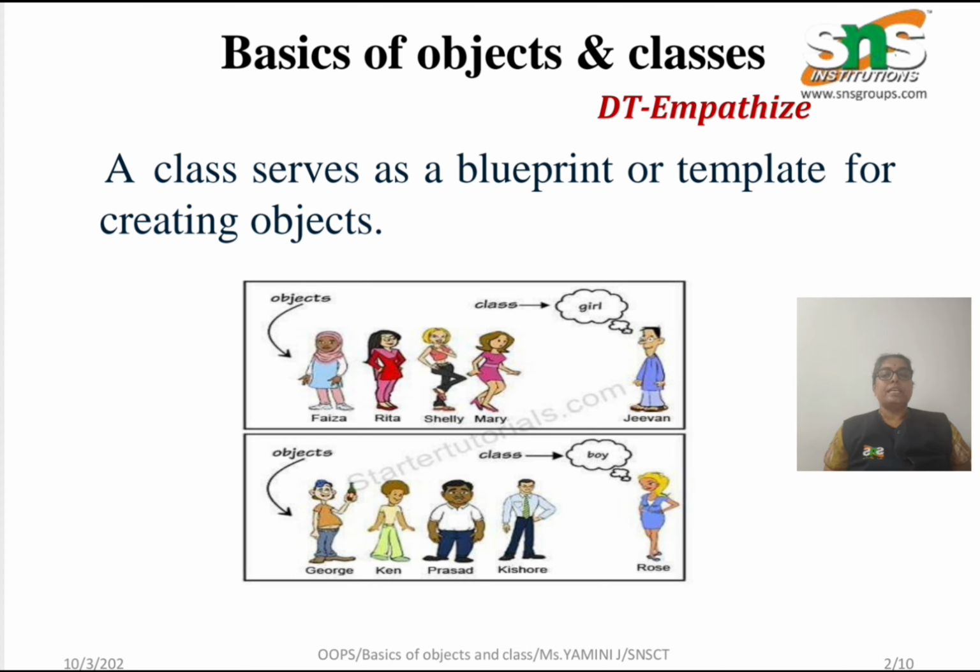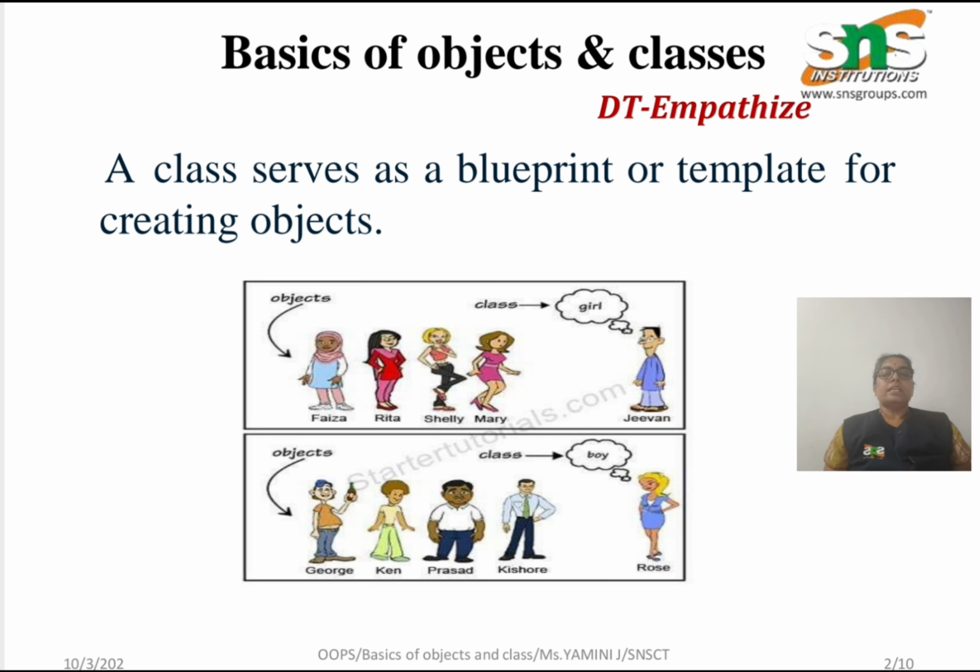For example, if we create a class called Student, the class may contain attributes like student ID, name and department. It may also contain methods such as display information or calculate grades.